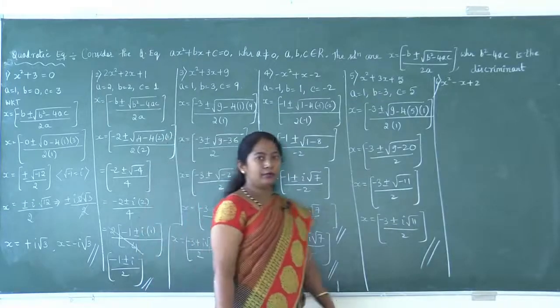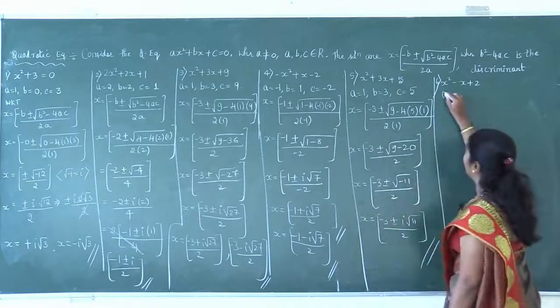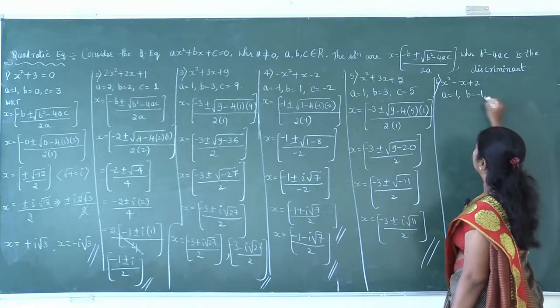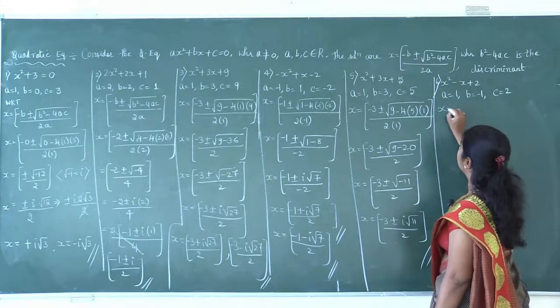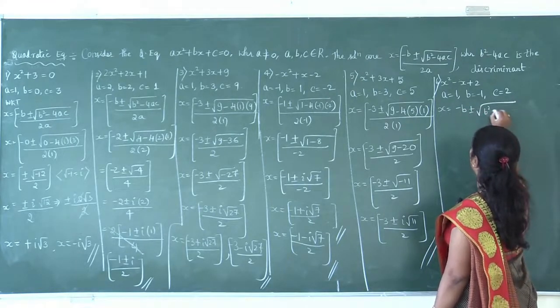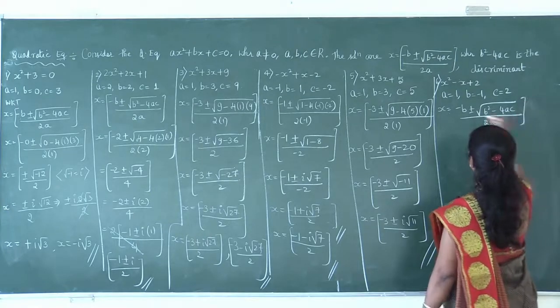Moving on to the sixth problem now. What is the value of a here? 1. What is the value of b here? Minus 1. And what is the value of c here? 2. So x is equal to minus b plus or minus root of b square minus 4ac, divided by 2a.